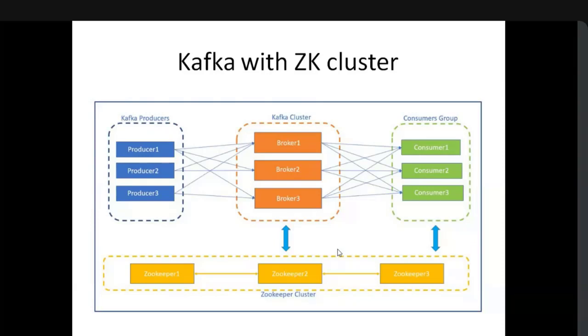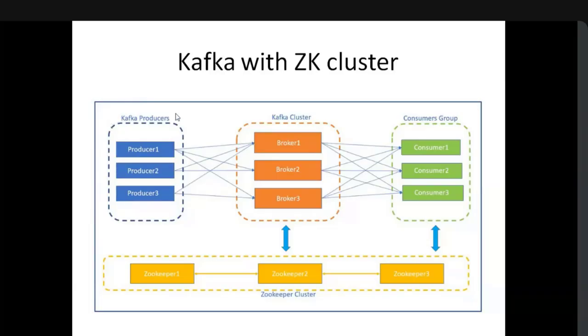Now, today we will be discussing something about the zookeeper cluster. How we can create a zookeeper cluster with more than one zookeeper. So till now the above part we are very clear. The left hand side is nothing but the Kafka producers.